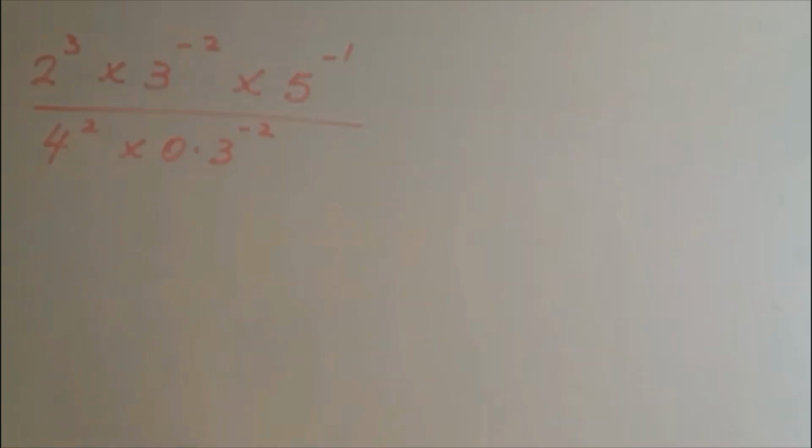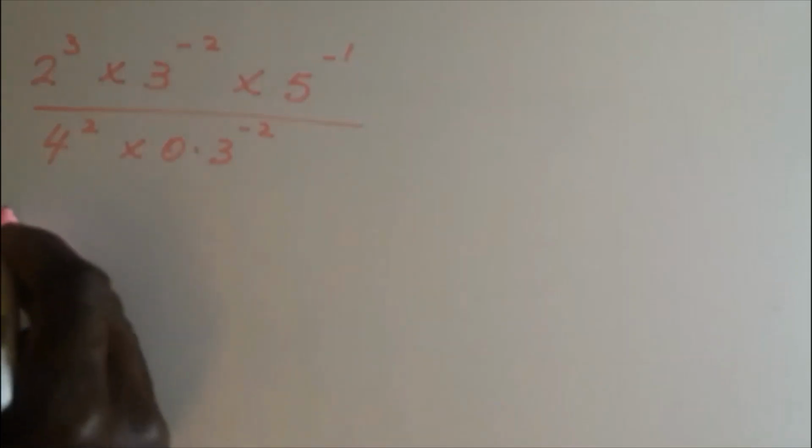Suppose we have this fraction and we wanted to simplify it or find the value of it, and we didn't have a calculator. Well, here's a quick way of manipulating both positive and negative indices without the use of a calculator.